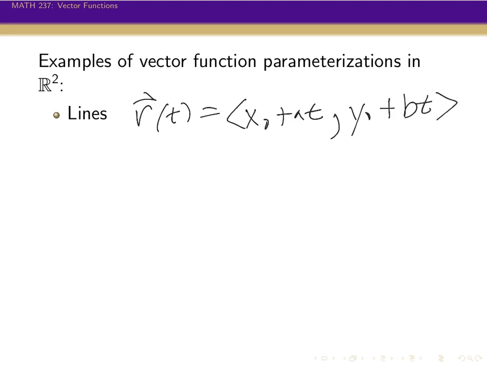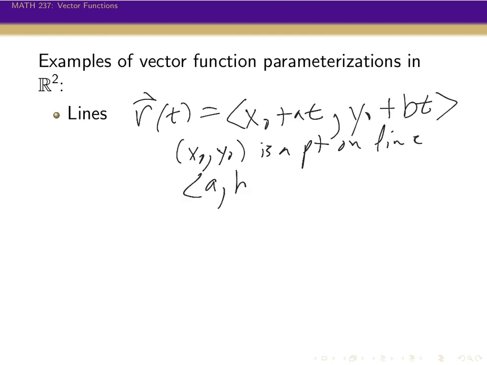Where x naught, y naught is a point on the line, and the vector ab is a vector on the line, then this r of t is going to draw out this line.